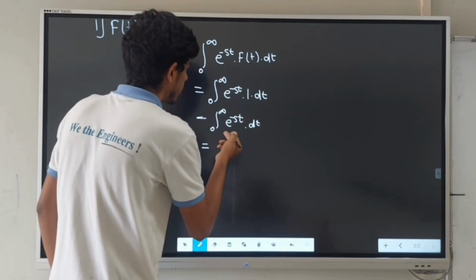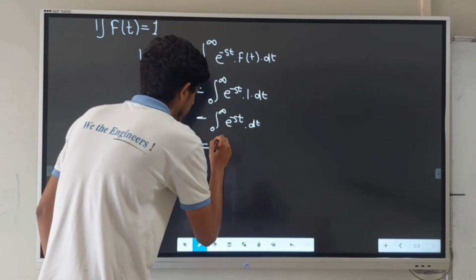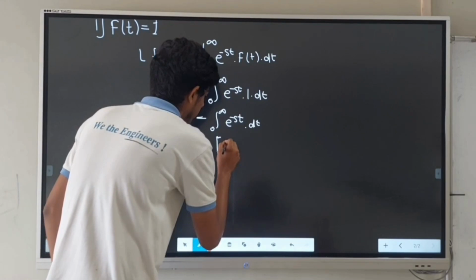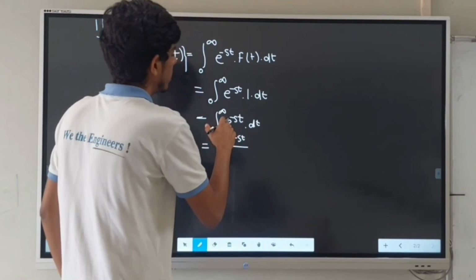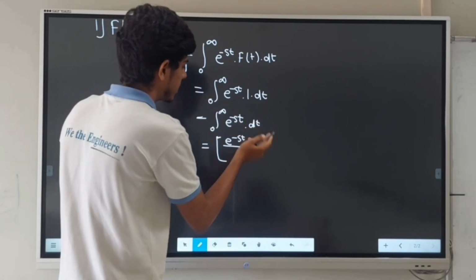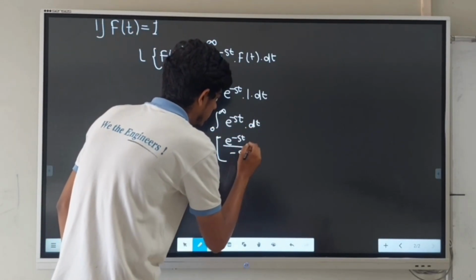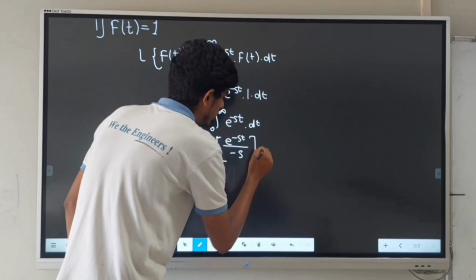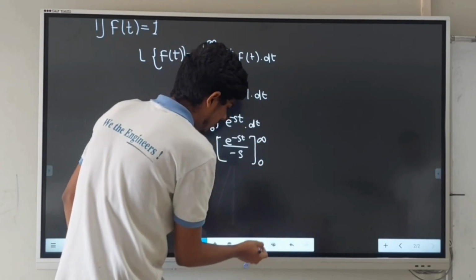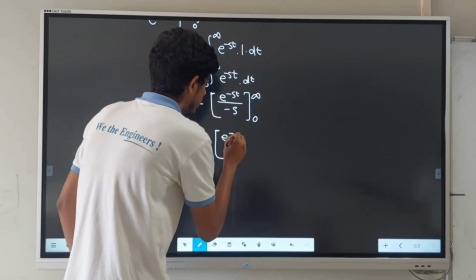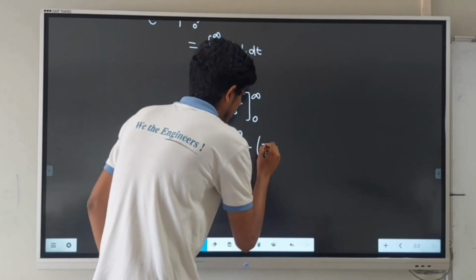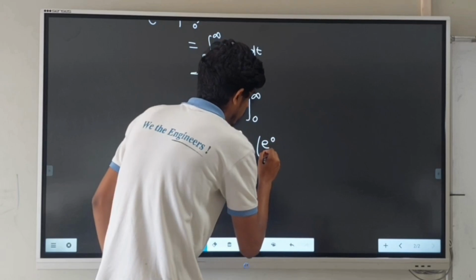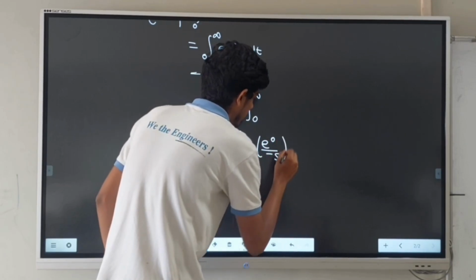So the integration of e raised to minus st is given as e raised to minus st upon the derivative of minus st with respect to t, which is minus s, with limits from 0 to infinity. So e raised to minus infinity upon minus s, minus e raised to 0 upon minus s.